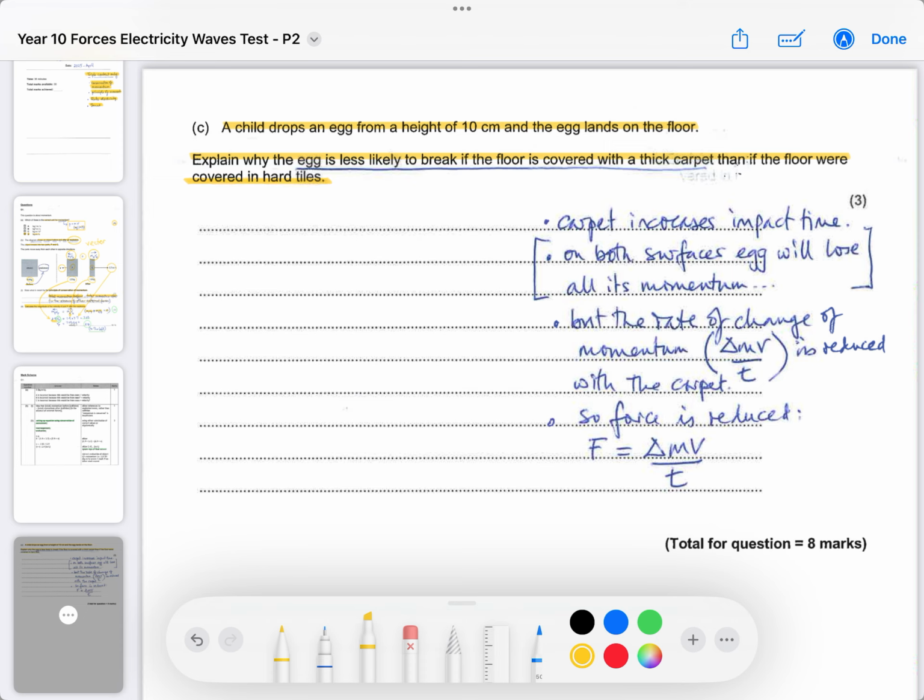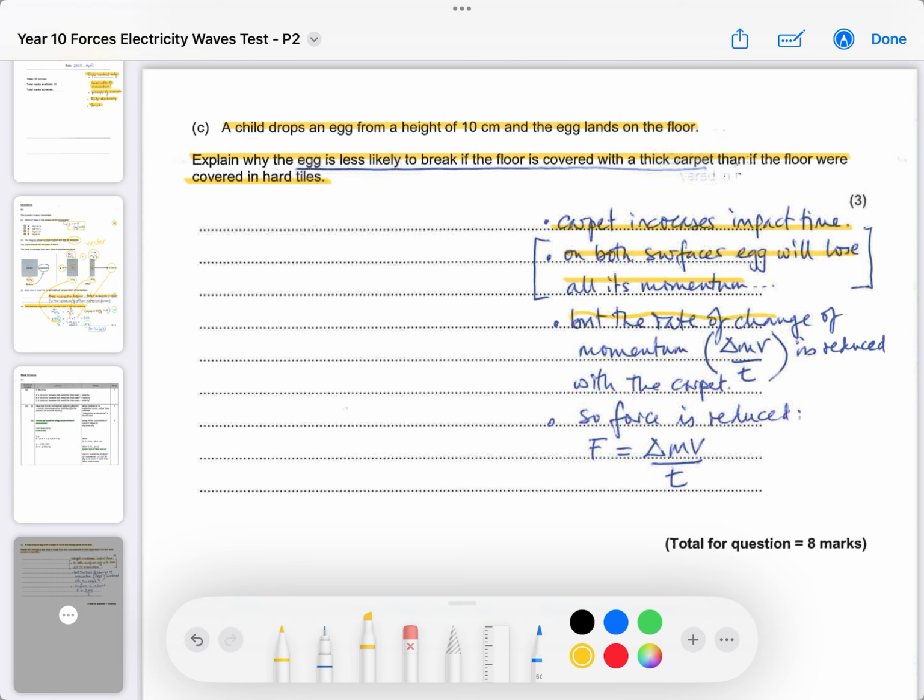Well, the carpet increases the impact time. Basically, on both surfaces, this is extra clarification of why we're saying that. On both surfaces, the egg will lose all its momentum because it's going to come to a standstill. So the momentum will go to 0.